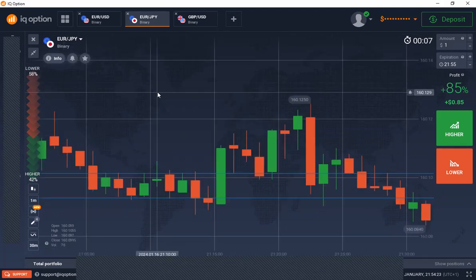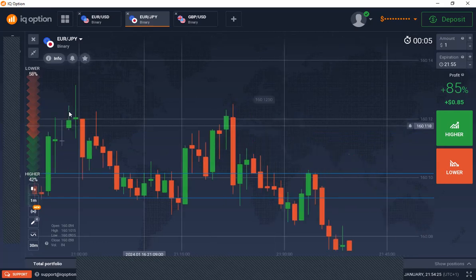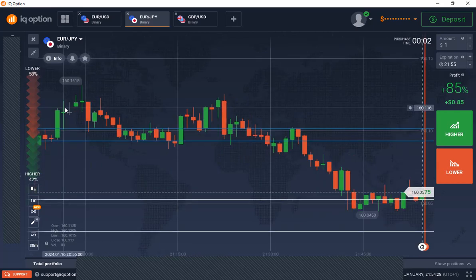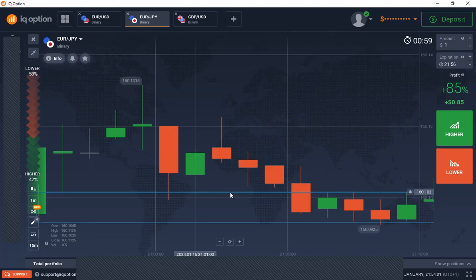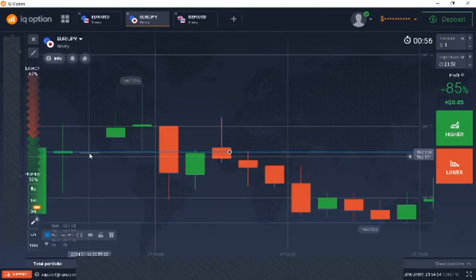Now let's talk about the buyers area. I've explained to you the sellers area. If you want to draw the sellers area, you start from this level here.